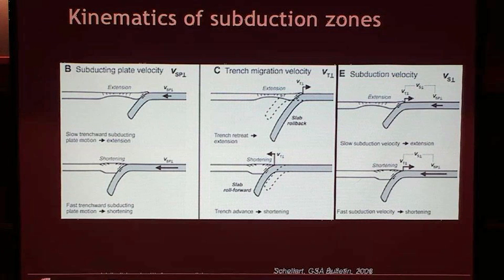So if you combine the trench retreat, which is making the plate disappear that direction, and the forward plate motion, which is making the plate enter the mantle and disappear in that direction, you combine those, that's the total subduction velocity. So that's the rate that the plate's disappearing from the surface.